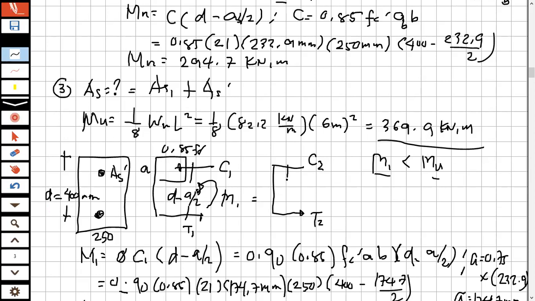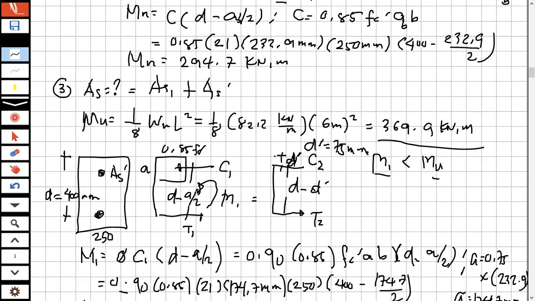Okay? So ito yung D minus D prime. Ano yung D prime from here? This is D prime. D prime given ba? Yeah, it's given from the problem, it is 75. Okay. D prime is equal to 75 millimeter.